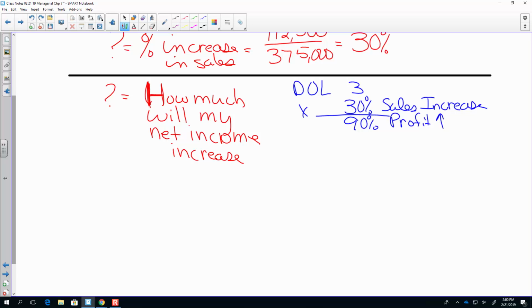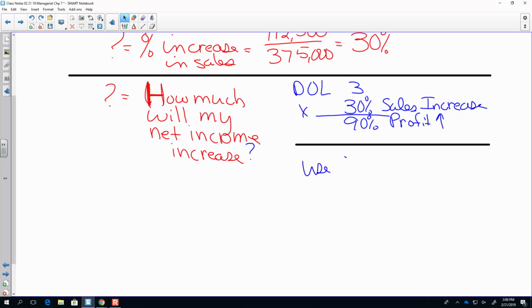My goal here, though, is that you can do it without the DOL, and that's what I want you to learn. So I'm going to draw a line here. Same question. How can I solve this question without using the DOL? The answer is to use the contribution margin percent, like your 25-point problem.